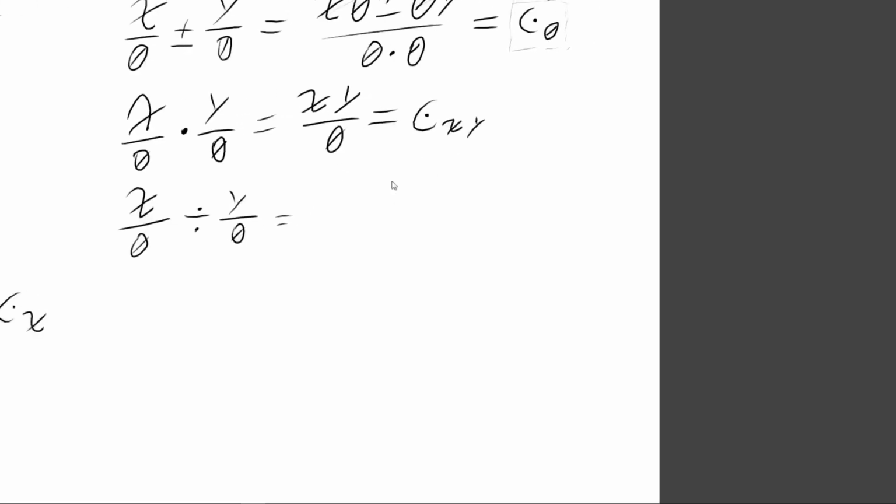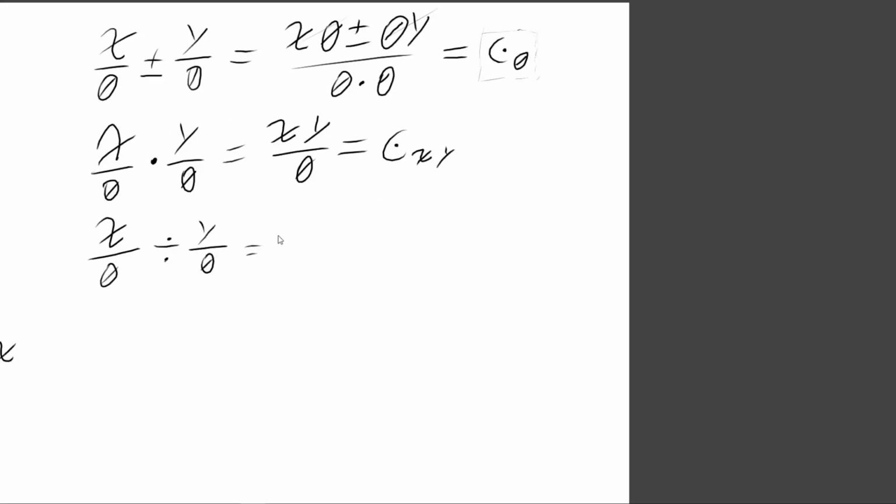So now, of course, we're going to do the same thing with division. Okay, so x over 0 divided by y over 0 equals x times 0 over top of y times 0, which equals 0 divided by 0, which equals c 0.